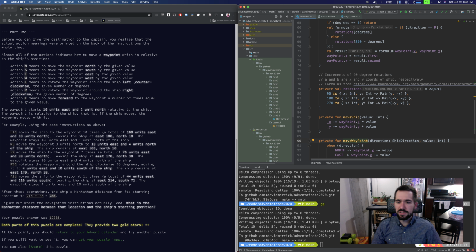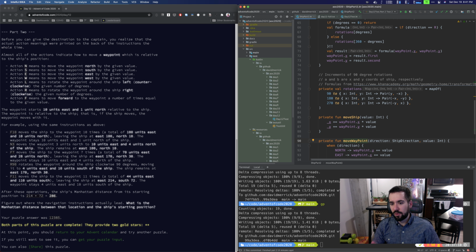So yeah, the hardest thing here was these rotations. I was initially thinking of using trigonometry to do it, taking the cosine and figuring out the angles. And then I stumbled across something on the internet where there's just a simple formula for a 90-degree turn.